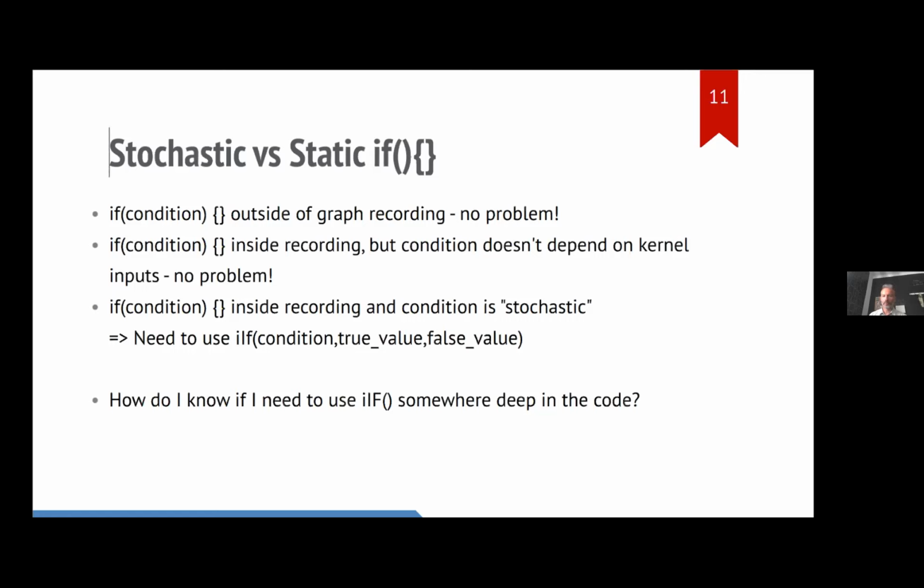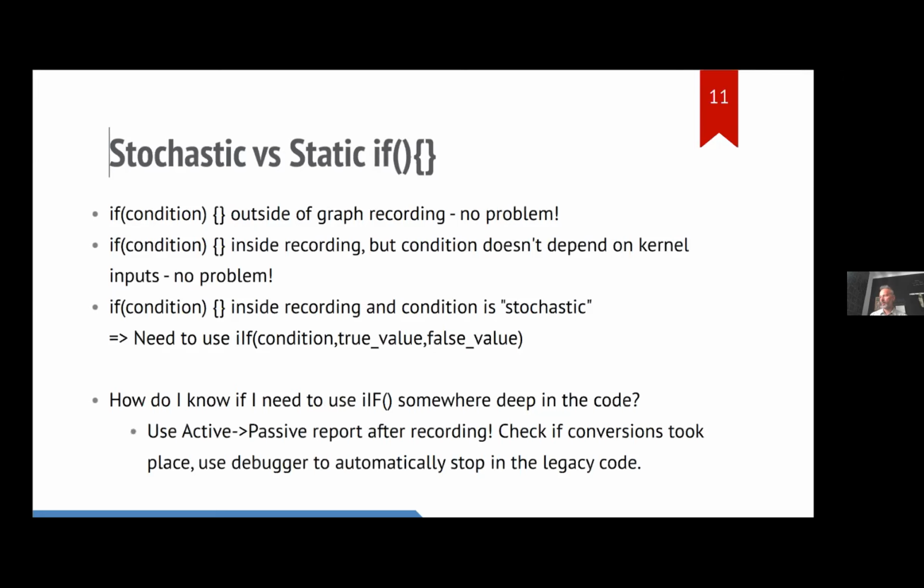And how do you locate those, and how do you convert those without going through all the lines one by one and making errors? So we offer a tool for this. Basically, during the recording, when you traverse and create this evaluation graph, we can detect if some condition is actually stochastic.